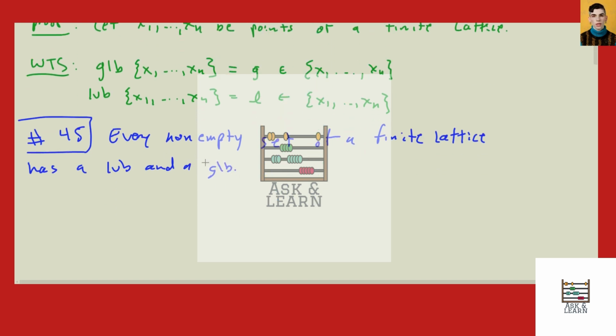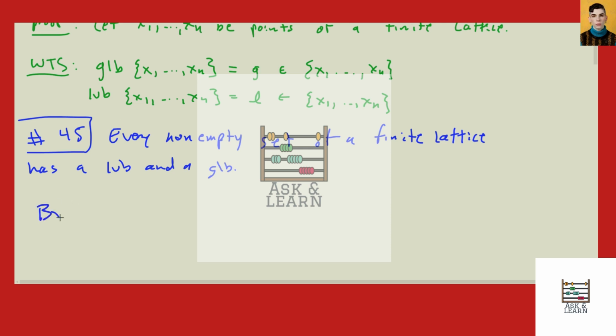And x1 to xn is a non-empty finite set of our lattice. I mean, it's the whole set, but it's still one. So if we take the least upper bound and the greatest lower bound of these, we should get something. So let's go ahead and write that.